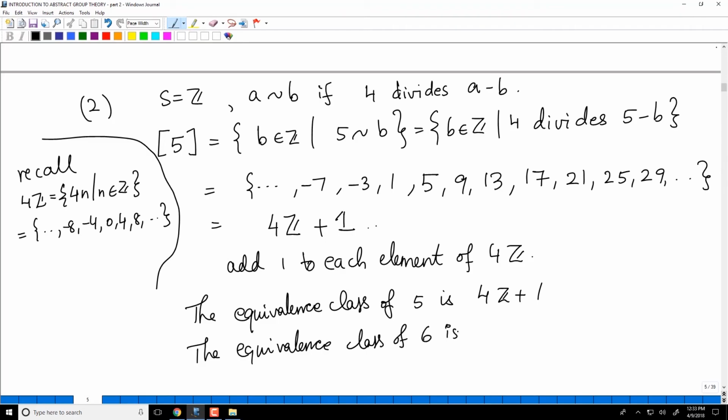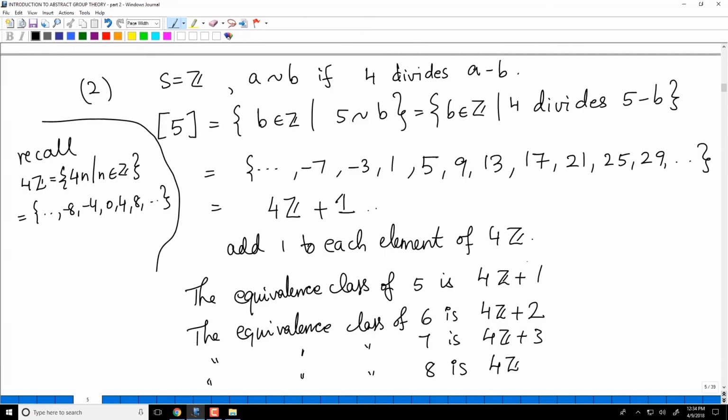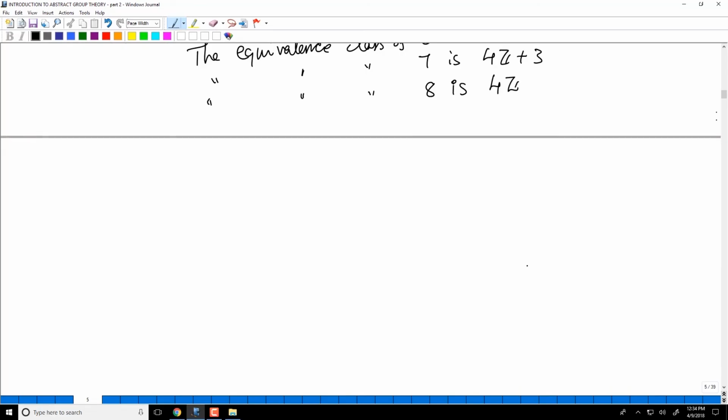It is 4Z plus 2. For 7 it will be 4Z plus 3. What about for 8? You will see that it is exactly equal to 4Z. And for 9 it will be 4Z plus 1 again, and for 10 it will be 4Z plus 2. So they keep coming back, right? It's periodic in that sense. As I said, we'll come back to this example and study it in more detail later.